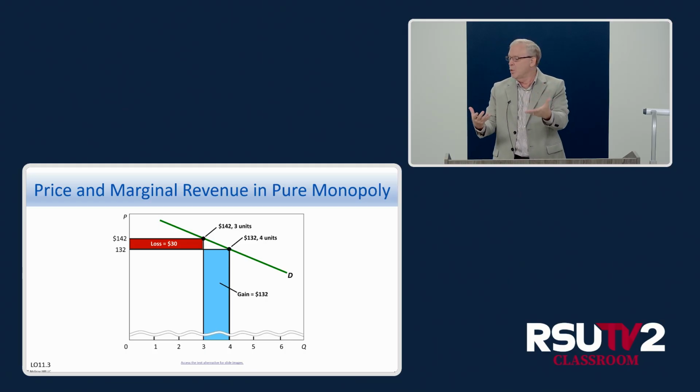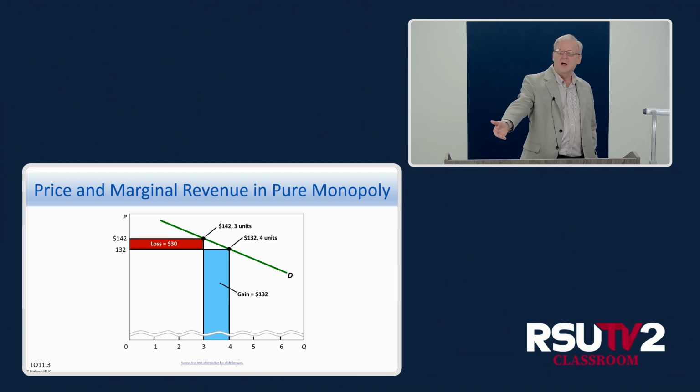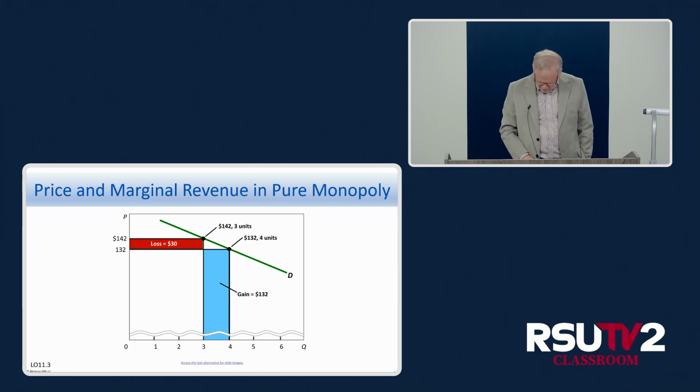It's not like the wheat farmer who can sell as much wheat as they want regardless. Whatever the price is, they're going to sell all their wheat or none of their wheat, half of their wheat at that price. However many bushels they take to market, they'll sell at the same price. Not true for monopolists, because this is not only the market demand curve, it's the individual demand curve.